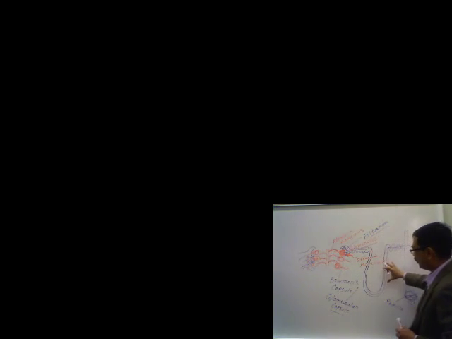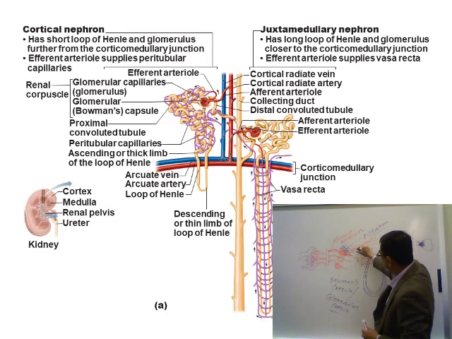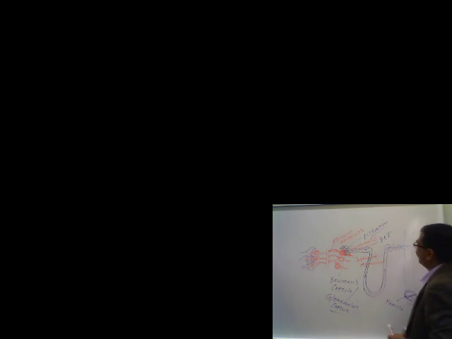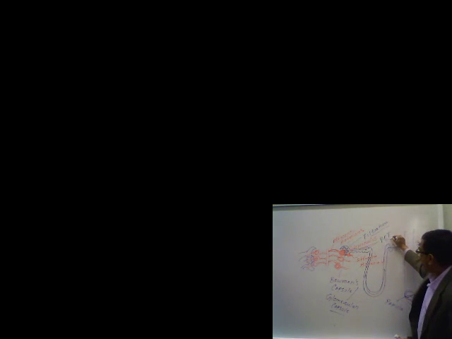So this is the nephron. What are the parts it has? This is the Bowman's capsule. This part is called the proximal convoluted tubule. Very simple. Proximal is the early part. Convoluted means not straight. And tubule.